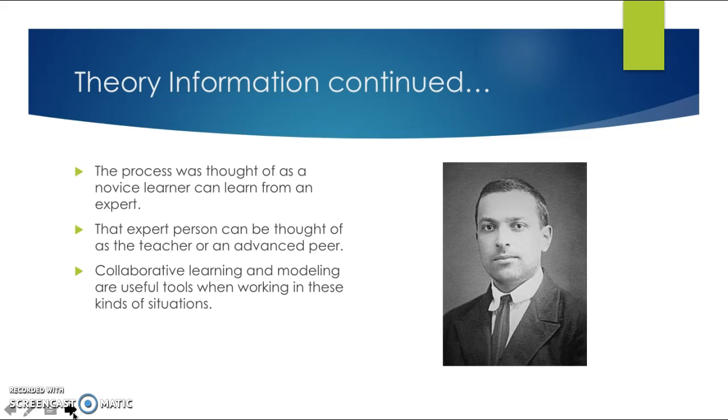That expert person can be thought of as a teacher or an advanced peer, like I said previously. So, those students who are always getting done really quickly and understanding the information, and it's pretty easy to them, are those peers who would help out that one individual who needs it.